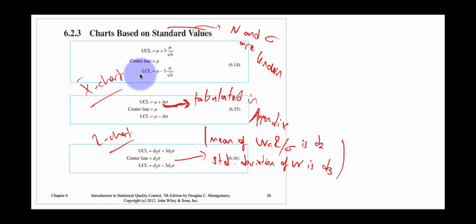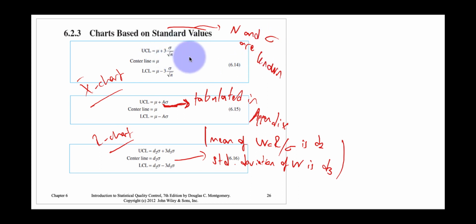For example, in the X-bar control chart, it is mean plus 3. It is customary to use 3 instead of Z alpha over 2. Use 3 times the standard deviation of the sample mean. We do not estimate the standard deviation because we know what it is already.